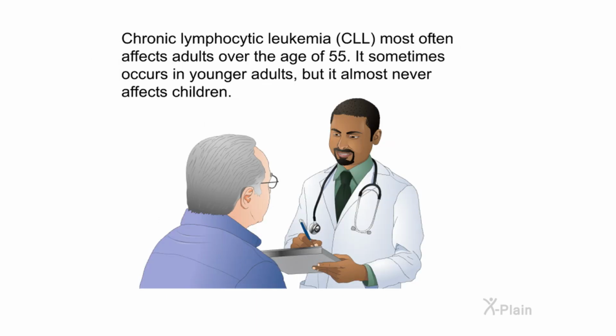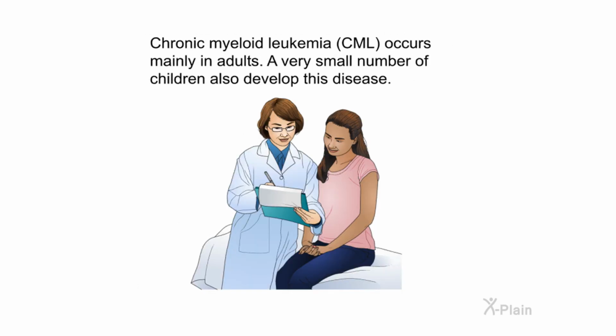Chronic lymphocytic leukemia, CLL, most often affects adults over the age of 55. It sometimes occurs in younger adults, but it almost never affects children. Chronic myeloid leukemia, CML, occurs mainly in adults. A very small number of children also develop this disease.